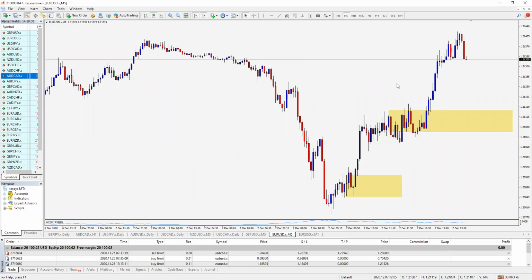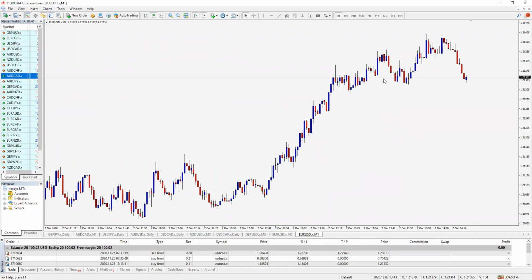Now, if we want to look for even shorter opportunities and we don't want to wait that long, we can go to the 1 minute chart and look for demand there, which is less precise, and you will get more false signals. But of course, we could say this is demand, and this is demand.